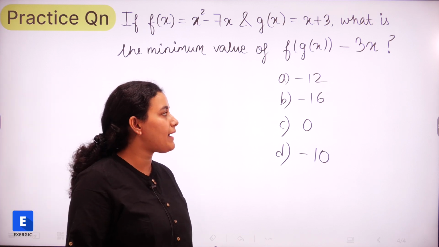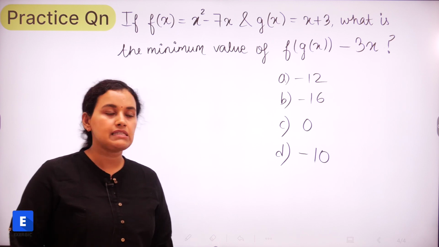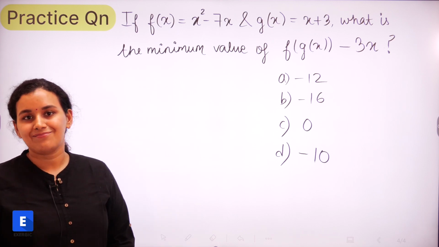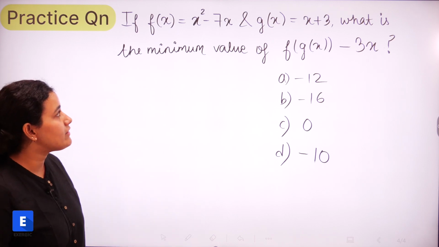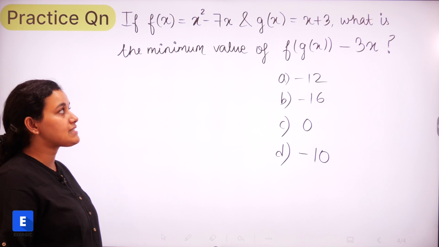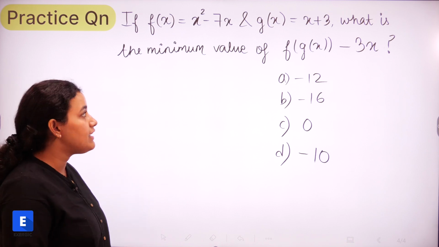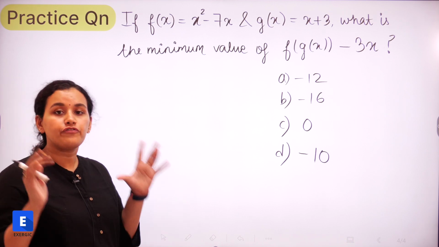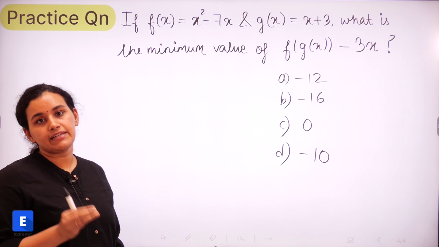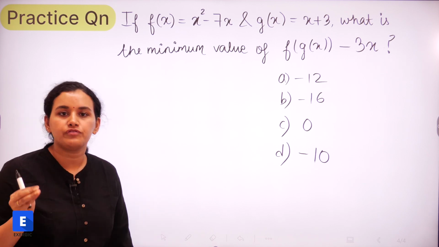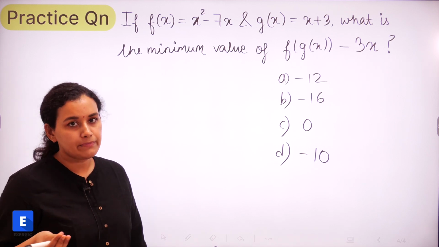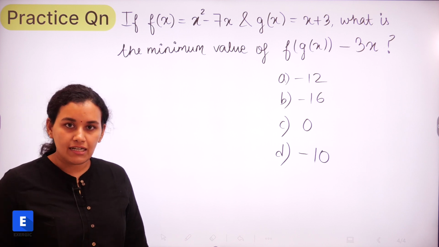The options are minus 12, minus 16, 0 and minus 10. So f of x has been given as x square minus 7x, g of x has been given as x plus 3. We want to find out the minimum value of f of g of x minus 3x. Fairly simple question. Give it a try.